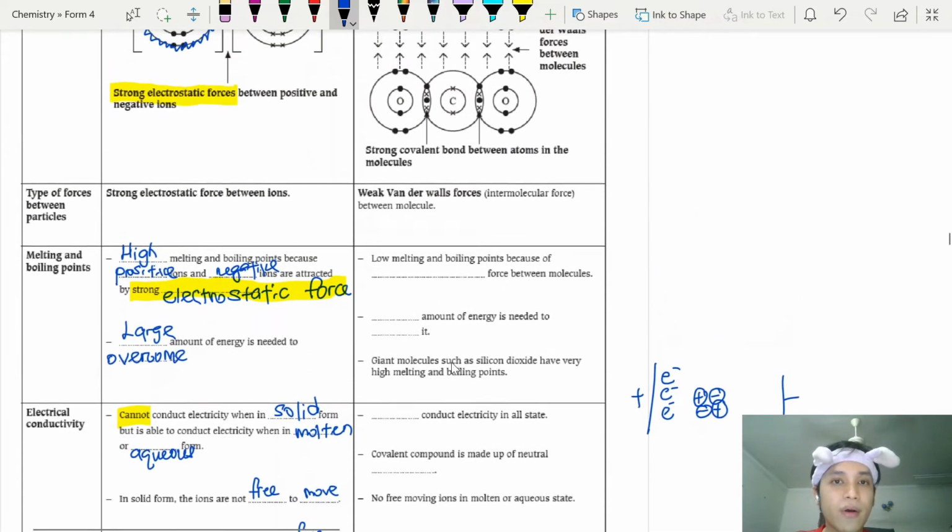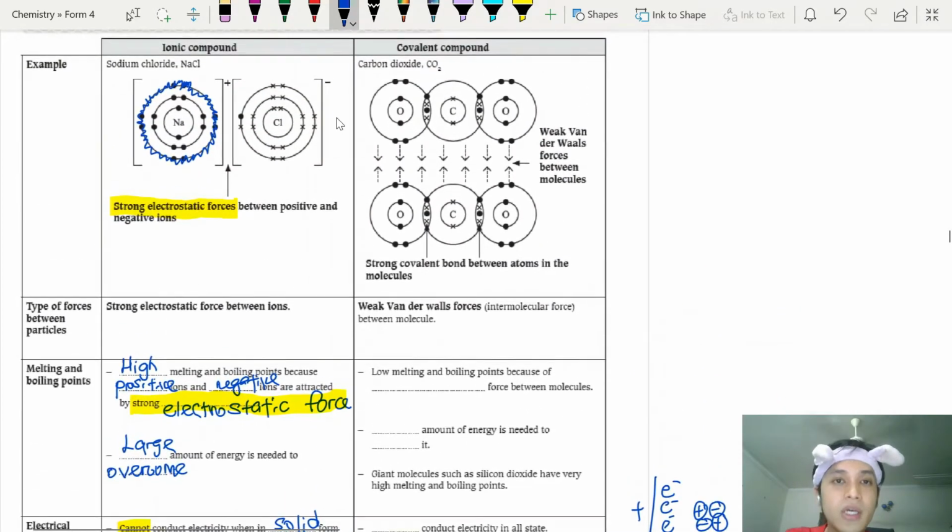Okay, so let's look at your covalent compounds. You need to remember we have two things here. One is the covalent bond, which is this one, the one in yellow. The one in blue, in between molecules, is the van der Waals forces.